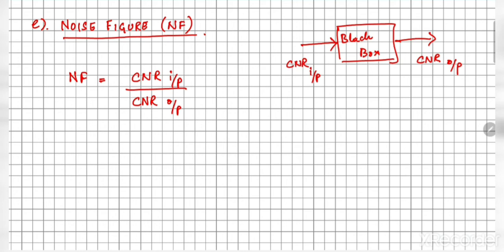Carrier to noise ratio, as we mentioned probably also in the previous lecture, is basically the ratio of the carrier power to the noise power at any stage of the RF circuitry.